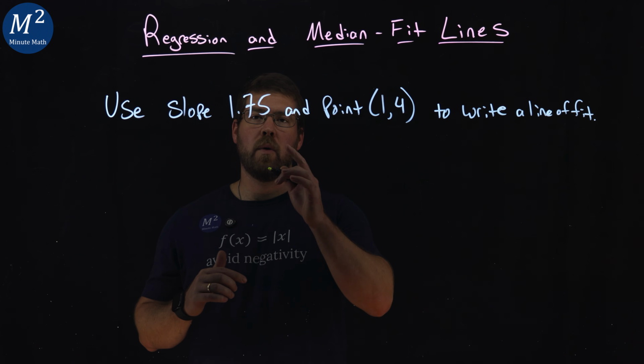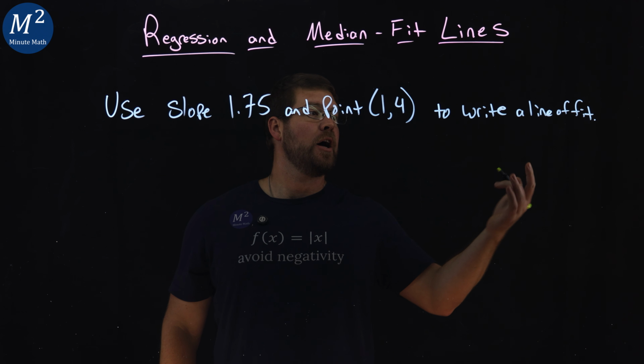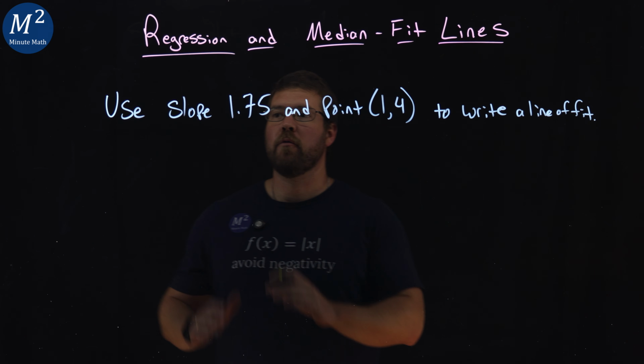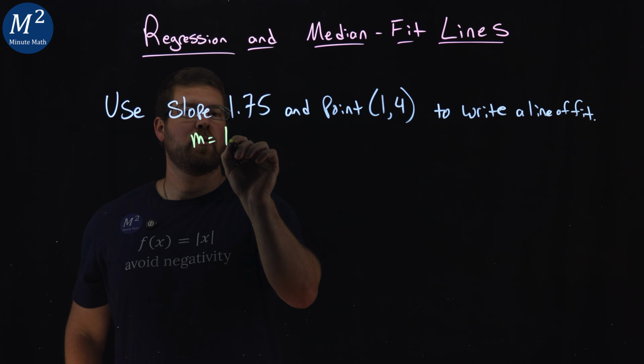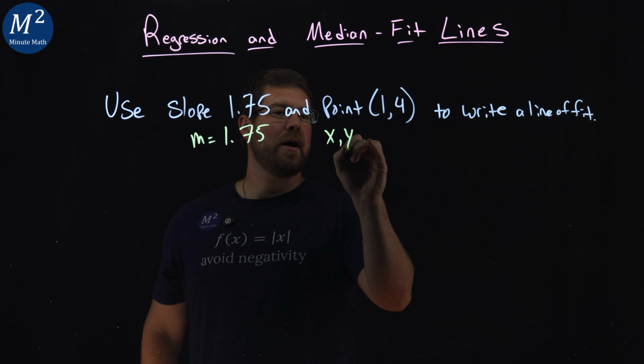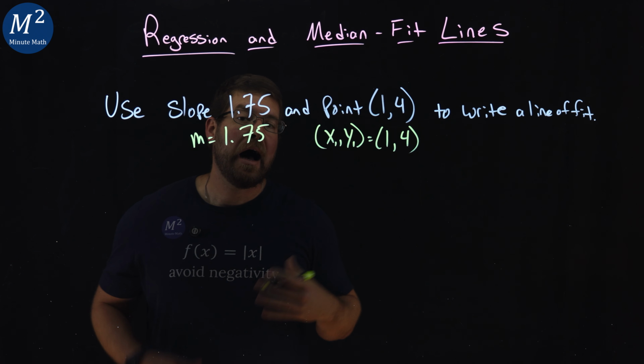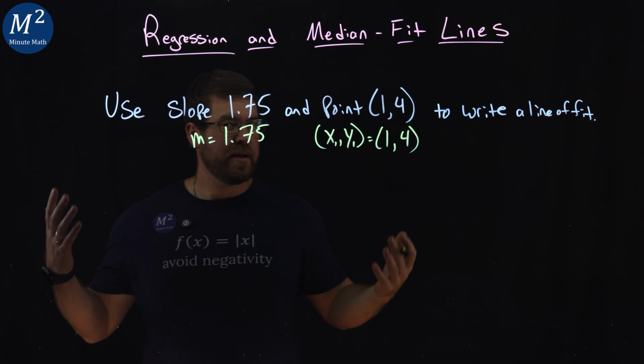Use slope 1.75 and point (1, 4) to write a line of fit. Well, if we're given a slope, m equals 1.75, and our point (x1, y1) is (1, 4), I'm thinking point-slope form is a great way to go.